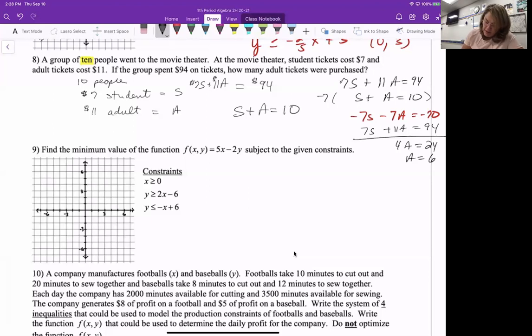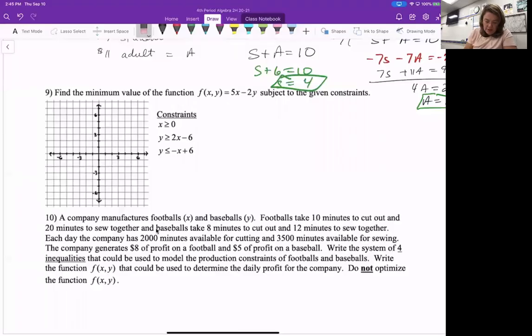And then I will plug that back into maybe this equation over here. Let's say s plus 6 equals 10. I find s to be equal to 4. But that's actually not what they asked. They asked for how many adult tickets there were. There's your answer.